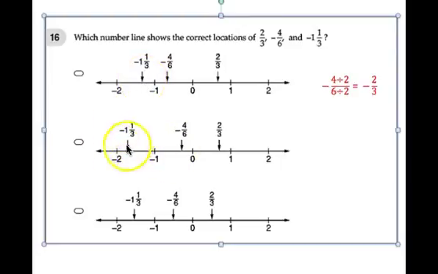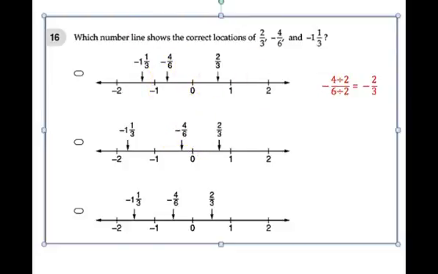This position here is closer to -2. This is more like -1 2/3. And this position here is incorrect as well. This is meant to be -2/3, but it's actually, if I jump back, I go -1/3, -2/3, -3/3, or -1. So this position here is actually -1/3, not -2/3.